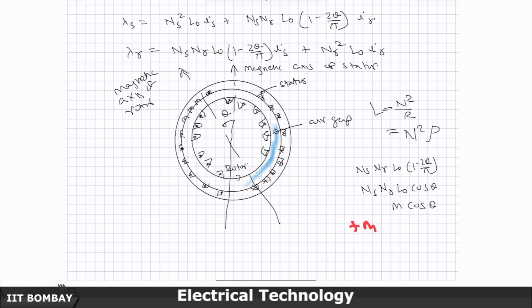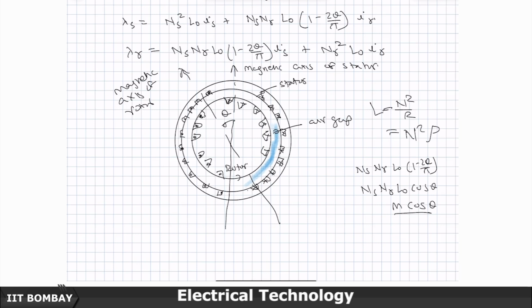What we want is a smooth, sinusoidal variation like this. So, therefore, m cos theta. It peaks at plus m, becomes minus m at pi, and again reaches plus m at 2 pi, and keeps going on like that. So, by proper distribution of the windings across the stator and the rotor, in practical machines we ascertain that the mutual inductance becomes m cos theta.